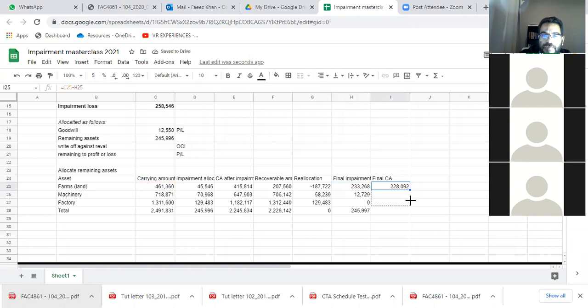Okay, so there we go. So that is basically it. So the total impairment would be as follows. If you want to do journal entries, I'll just show you in journal entries what we will do.